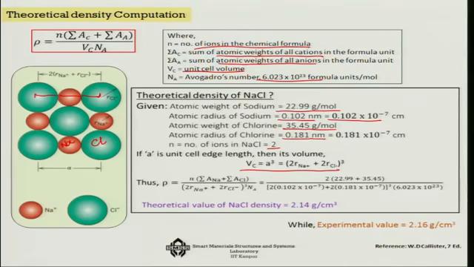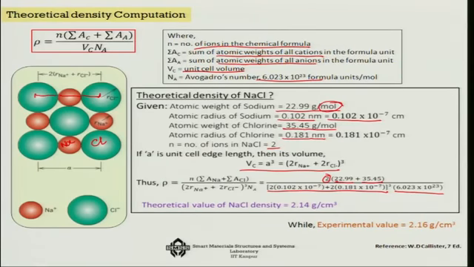So now we can find out what the density should be. The number of ions is 2, that is fine. For the atomic weight, if you look at cation and anion, you have 22.99 gram per mole of sodium and 35.45 gram per mole of chlorine, in equal proportion, so I can sum it up. Then you have the unit cell volume multiplied by Avogadro's number, because here you have these in terms of moles.